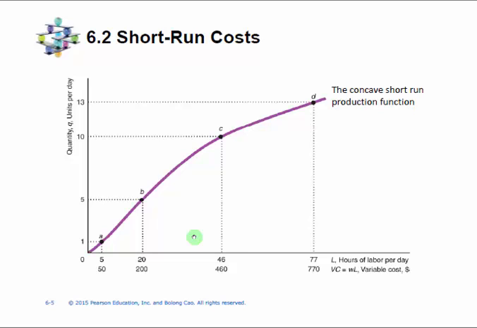So if you want to produce one additional unit of output, you need to put more labor into it. And if you assume a fixed wage rate, say you pay $20 per hour, but for each unit of output you need to put more labor into it, then the marginal cost will become higher and higher.